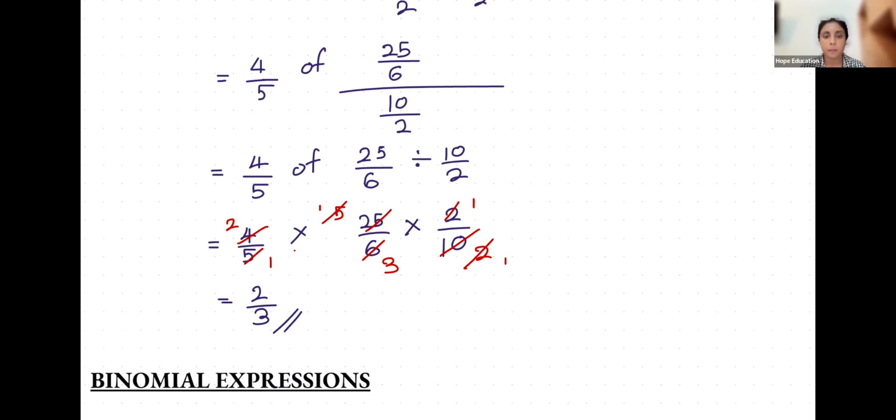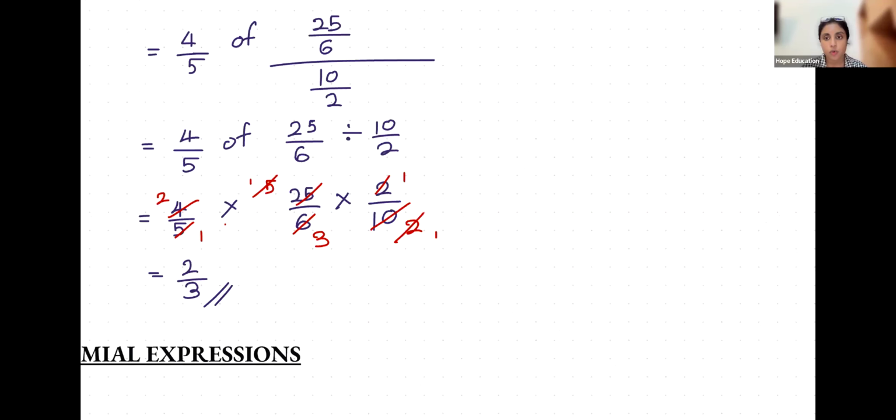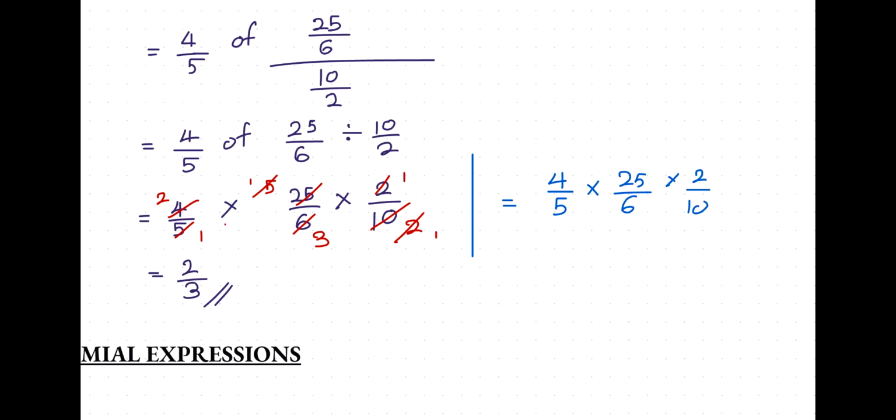Okay. Look here, I'll simplify the step once more, step by step. Our step is 4/5 multiplied by 25/6 multiplied by 2/10. Is this right? Yes, teacher.